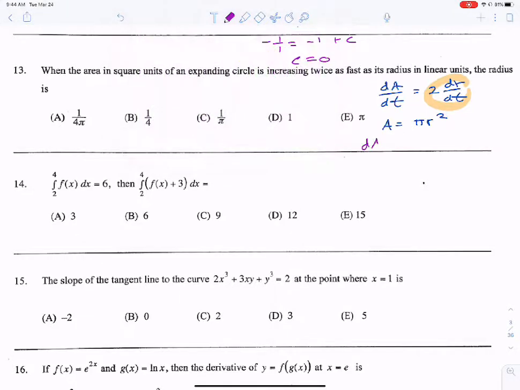So dA dt equals 2 pi r dr dt. I think I dropped that r. So then replacing the dA dt, I get 2 dr dt equals 2 pi r dr dt.